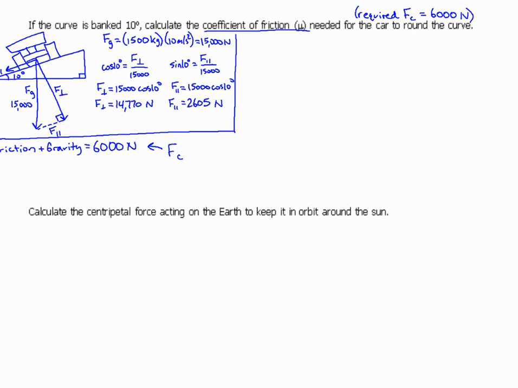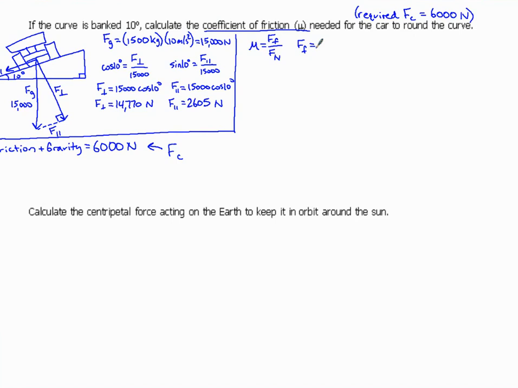So we're going to come back to that. We are looking for the coefficient of friction in this question. Now the coefficient of friction, the general formula, is the force of friction divided by the normal force. So this right here is the force of friction. And so let's rearrange it for now because we don't know what it is yet.